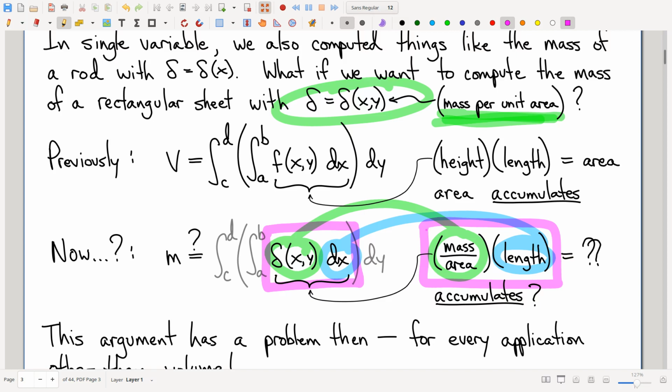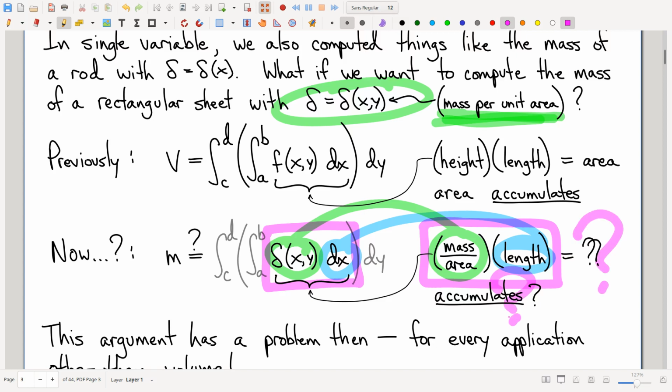But there's work to be done there, and we don't want to have to go through a sophisticated and subtle argument to understand a new, unnatural physical quantity every single time we want to compute something with an integral. And so I'm going to say we're dead in the water here, that this is not something we already understand.